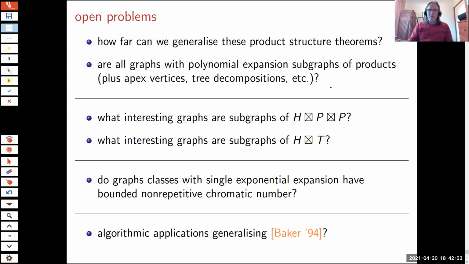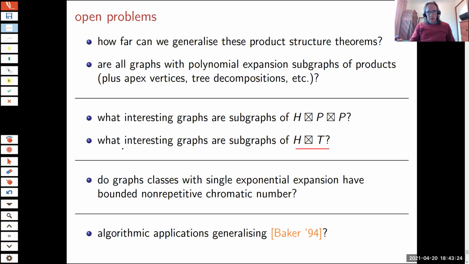There's another paper that I haven't mentioned, where we take a converse question. We say, when does a strong product have either polynomial growth or polynomial expansion, or bounded expansion? And we've answered that question completely for any product, H1 times H2, and that includes things like H times a bounded degree tree.